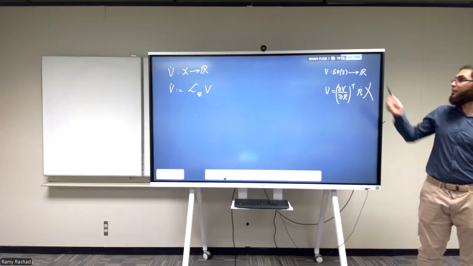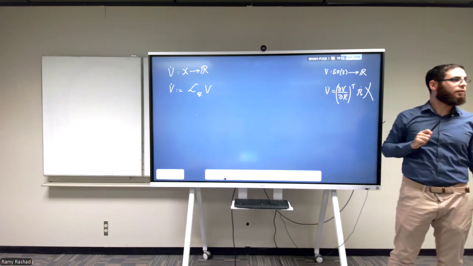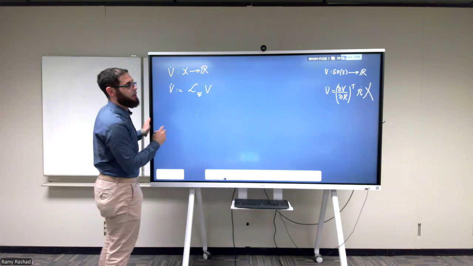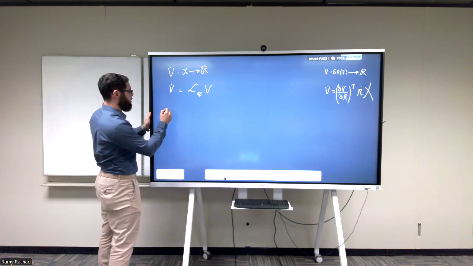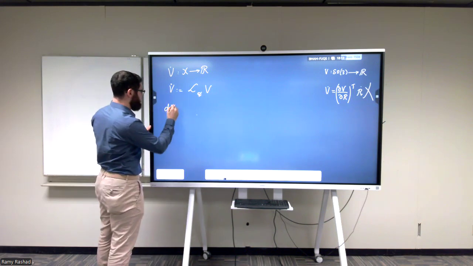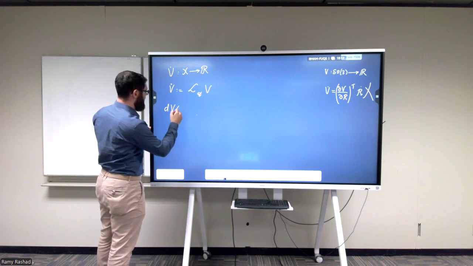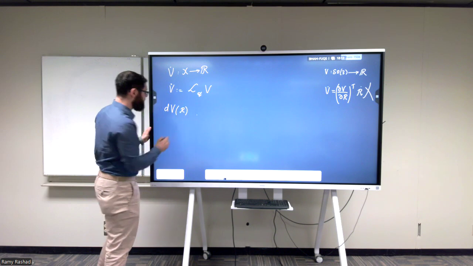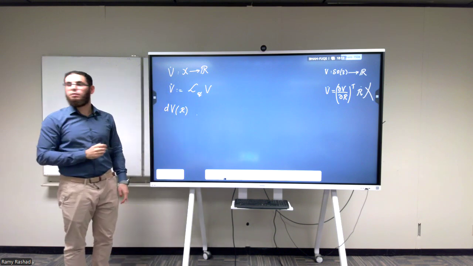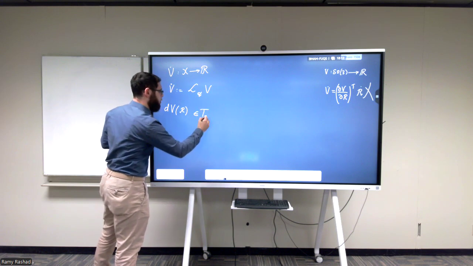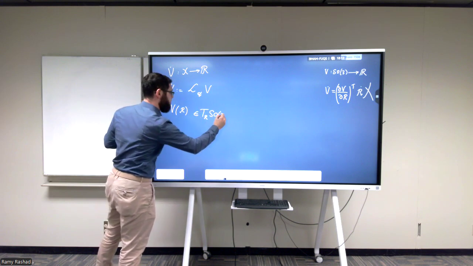Right? But if you look at it from the geometric perspective, if I would like to calculate the gradient of V with respect to R, or in other words, DV as a function of R, this is defined because this is a covector to R at SO3.